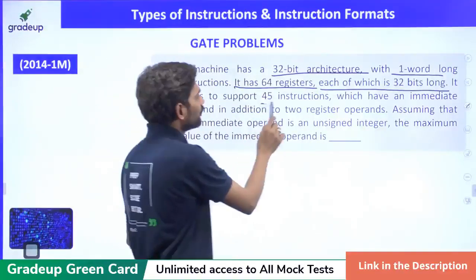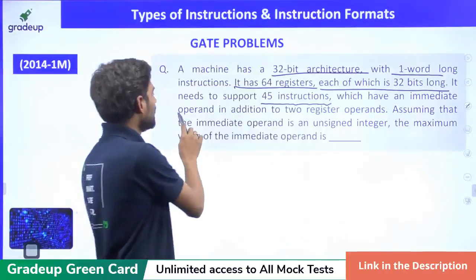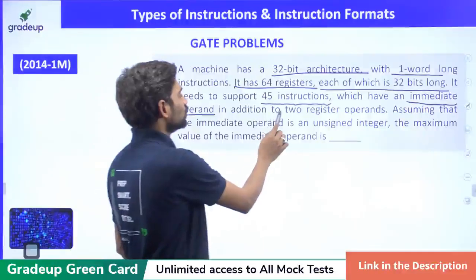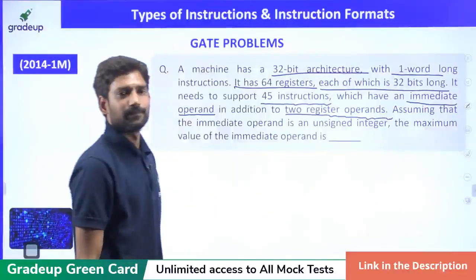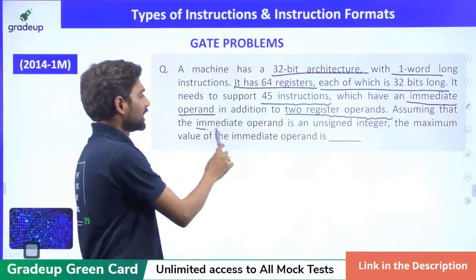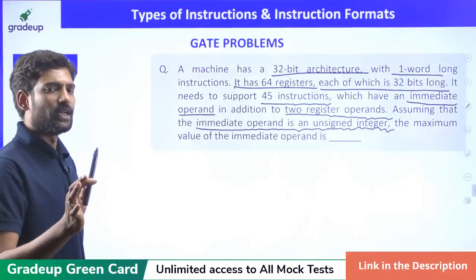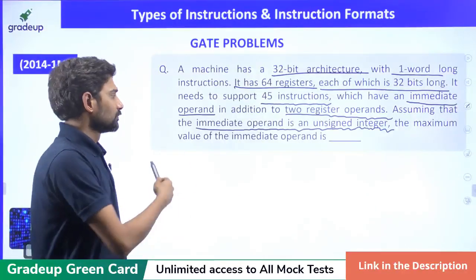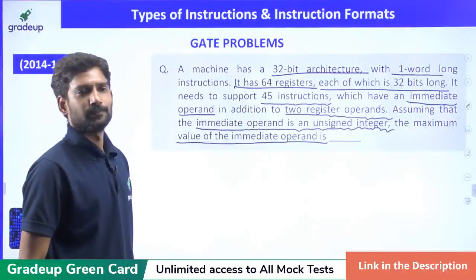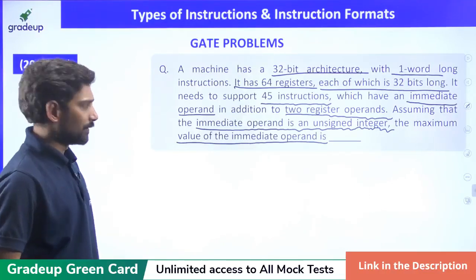It needs to support 45 instructions, which have an immediate operand in addition to 2 register operands. Assume that the immediate operand is an unsigned integer. That means only positive values. Then what is the maximum value of that? Have you read it?